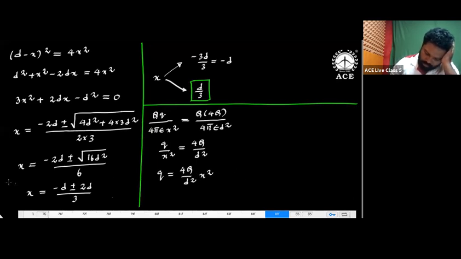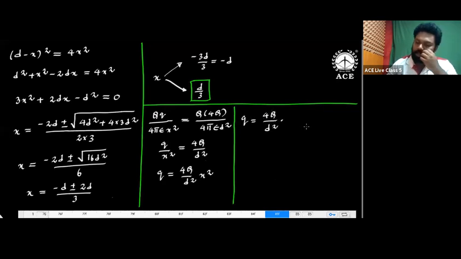The x value is d by 2, so here it is 4q by 9 is the answer.